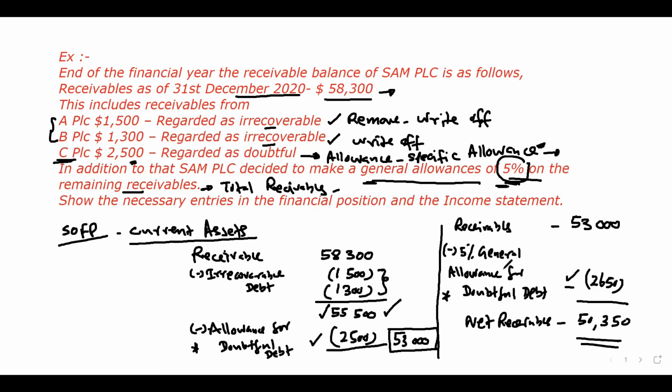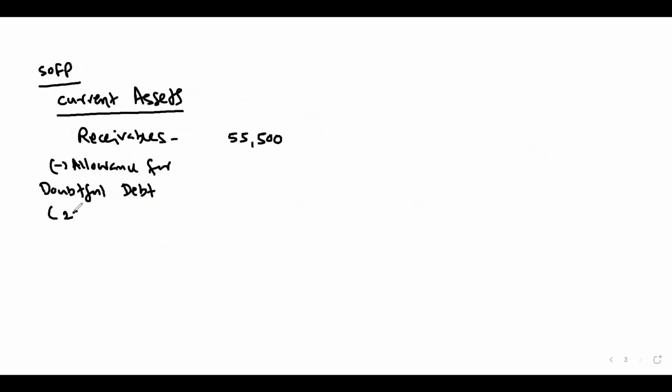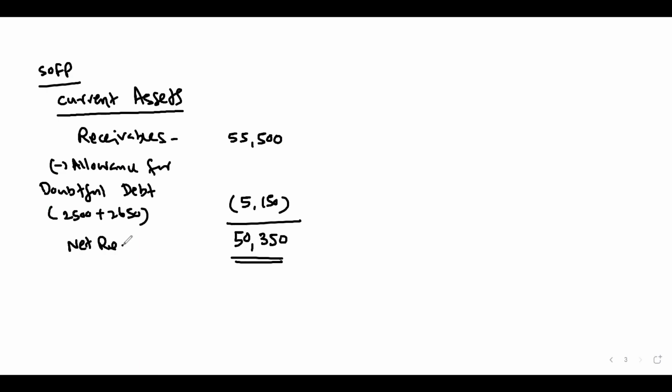So we need to add 2,500 and 2,650, which is 5,150, and deduct it from 55,500. So 50,350 will be shown in the statement of financial position as net receivables.